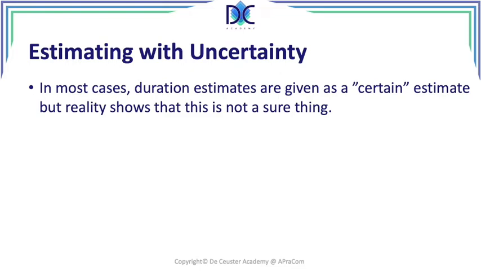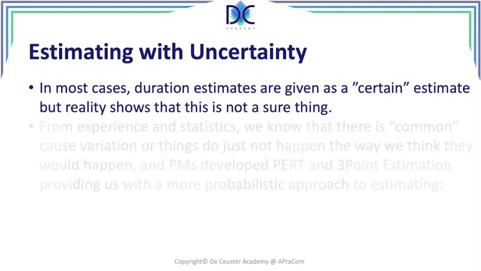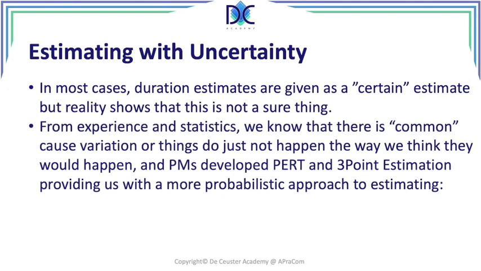There may be variations, common cause variations, which is completely normal. Now, when we look at experience and statistics, we know that we can have common cause variation, and that's the variation which is obtained even when we do everything the way it should be done. It will never be exactly the same. That's why statistics became important.